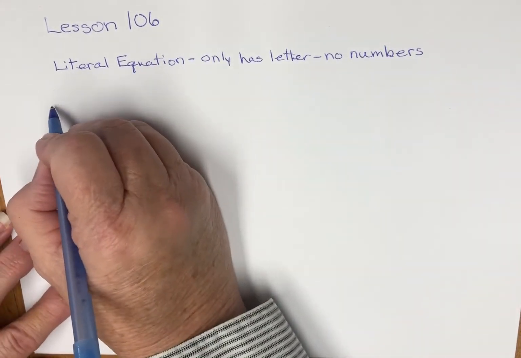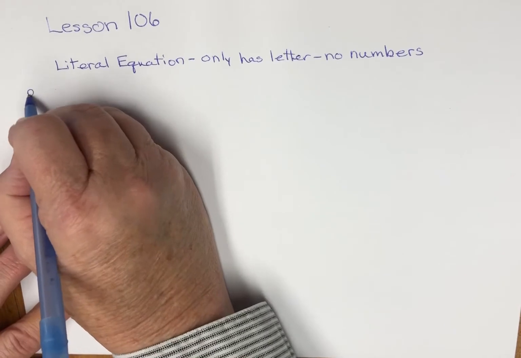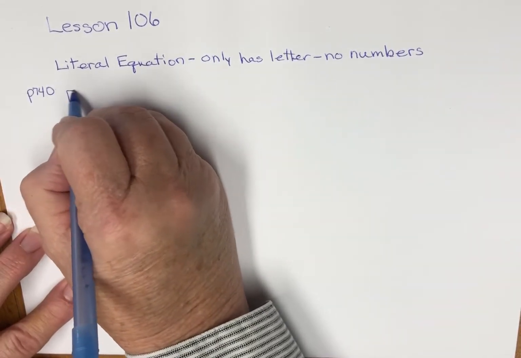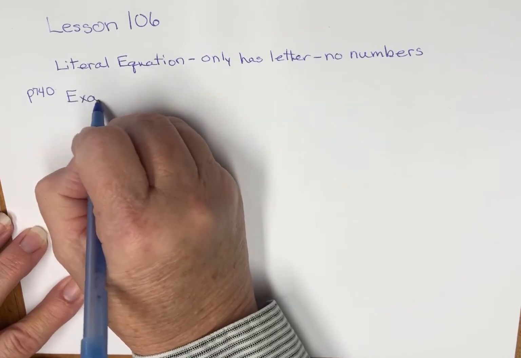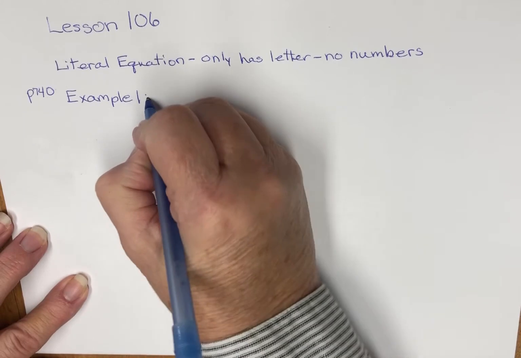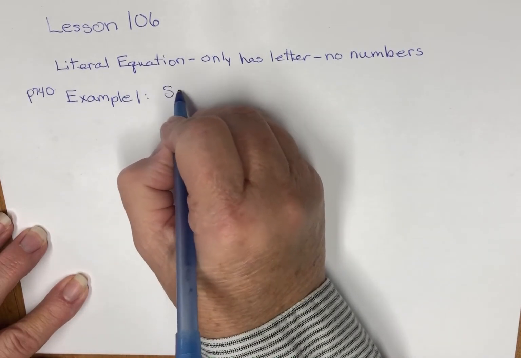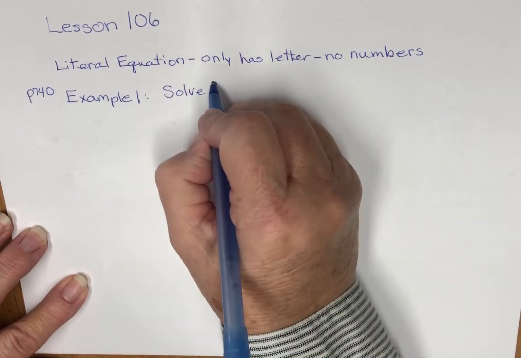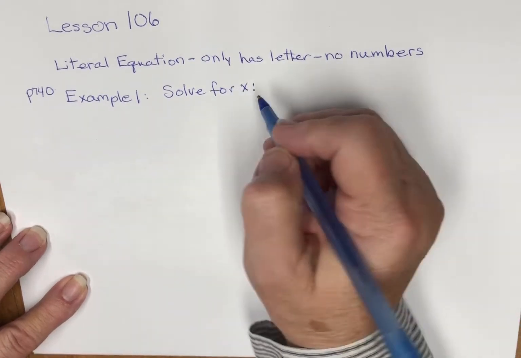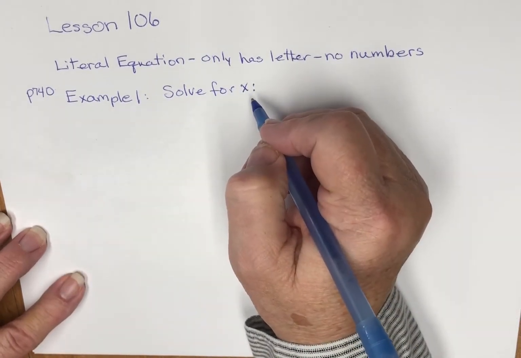So if you look on page 740, example 1 at the top of the page, they ask us to solve for x. Now, that's the one thing that's sometimes different in the literal equations.